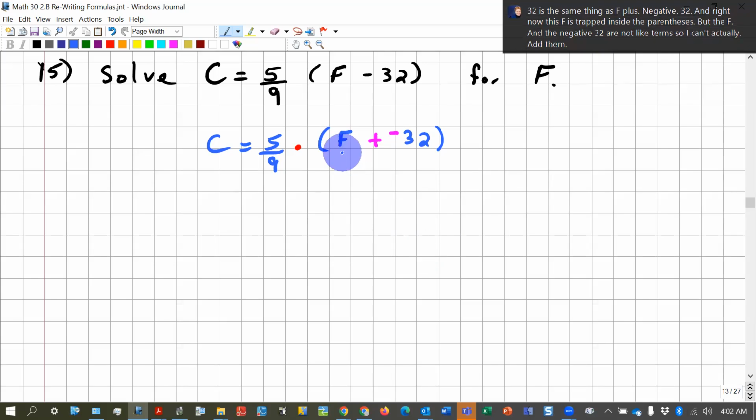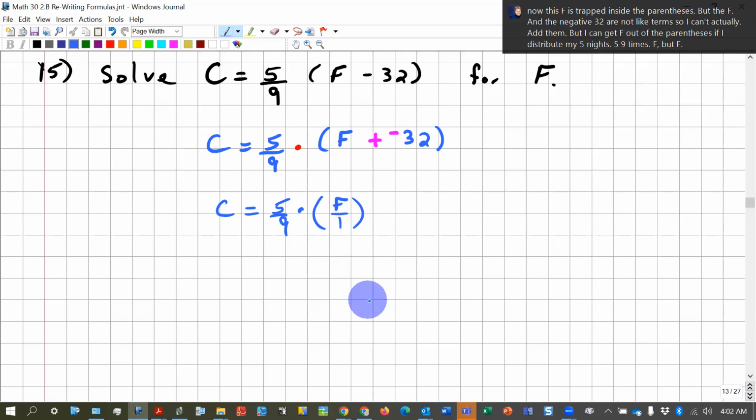But I can get F out of the parentheses if I distribute my 5/9. 5/9 times F, but F is F over 1, plus 5/9 times negative 32 over 1.